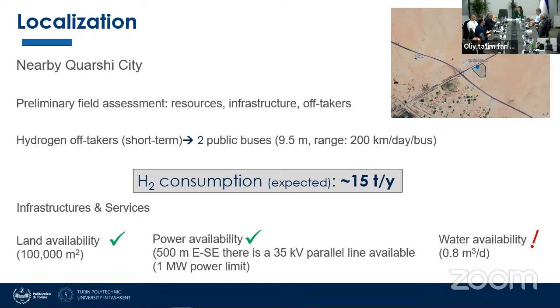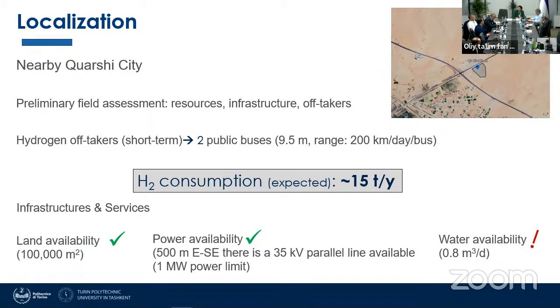We did the first preliminary field assessment there to understand which kind of resources we have, land availability, power availability for feeding the electrolyzers in case of not enough production from the renewable power sources, understanding the infrastructure for power, for water supply, and also potential off-takers that could finally use the hydrogen produced in our plant.